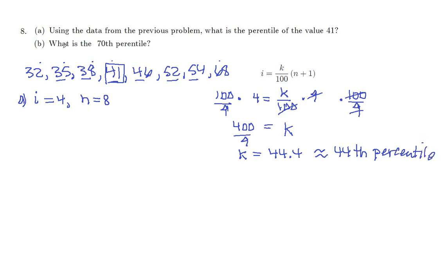And then part B, what is the 70th percentile? So in part B, we are given N equals 8. And then the 70th percentile, so K equals 70. And we want I. So again, we're going to plug into this formula. So K there is 70 over 100, and then this will be times N plus 1, 8 plus 1, 9.